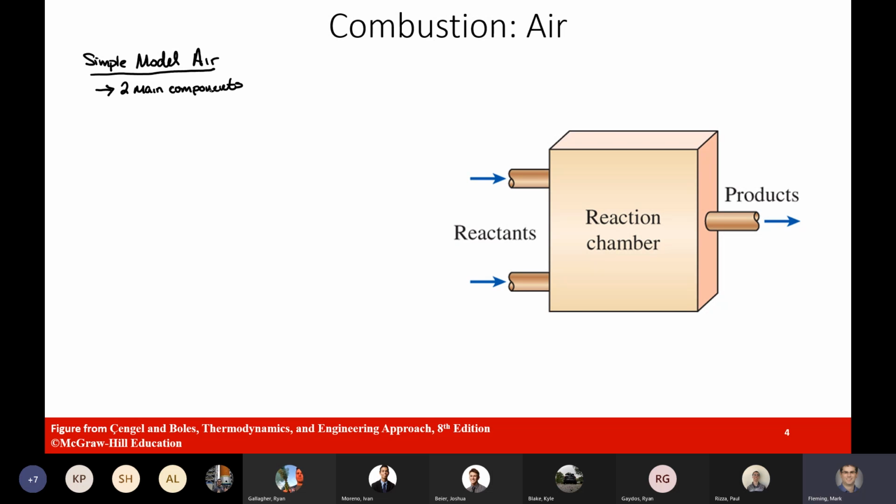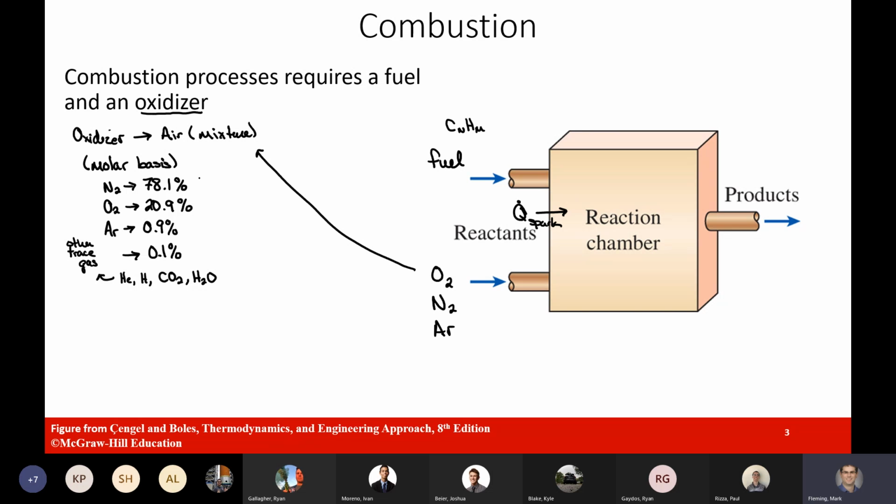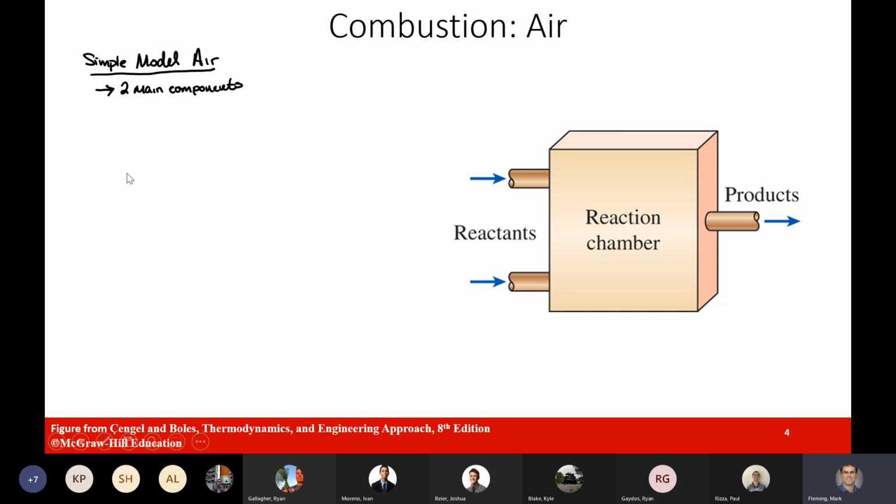So if we go back one slide here, we said two main elements. We had nitrogen and oxygen. Those accounted for almost all of what the gases in the air were. So if we go ahead and come back here, we said, all right, two components. We are going to use nitrogen.